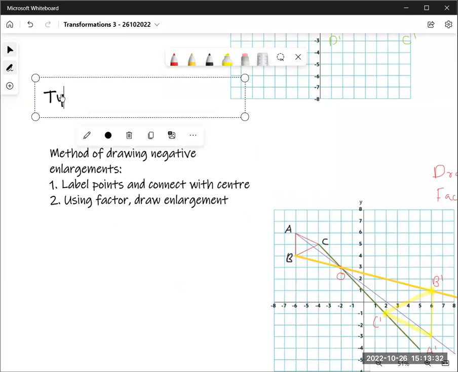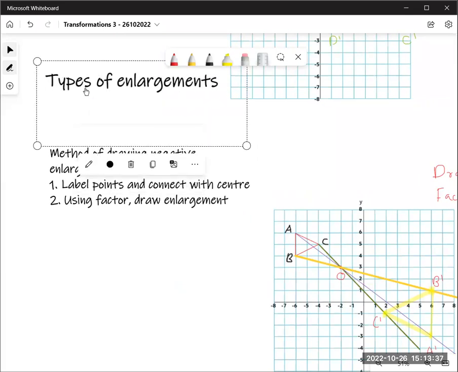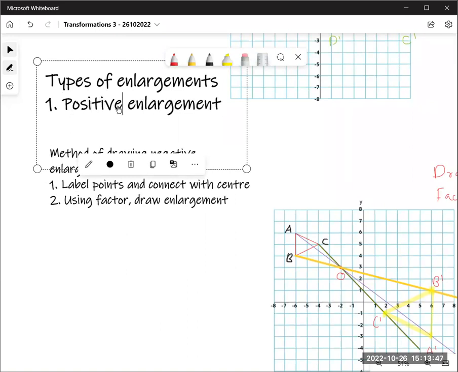There are 2 types. The first one is positive enlargement, or let's just say normal enlargement. They don't say positive, they just say enlargement. And the next thing is negative enlargement.